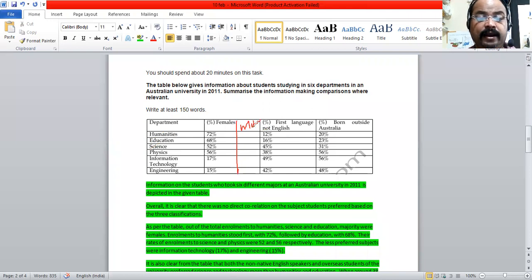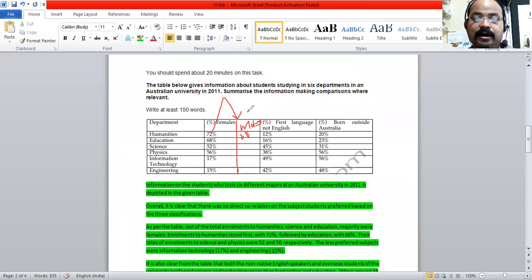So I cannot write 28 percent were males, because we cannot assume if the data is not given in the table. Many students think that if it is 72 percent, the rest, 28 percent, will be males. Not necessarily.